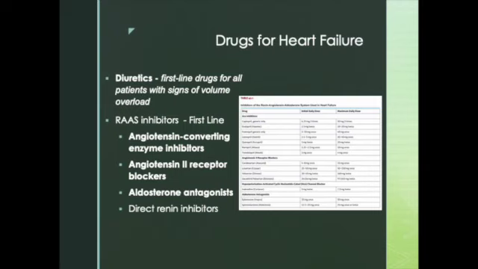But in recent trials, this drug didn't really improve the hospitalization of patients with heart failure. And so there are still more studies being conducted right now. Because of this, direct renin inhibitors aren't usually a first-line treatment. Tekturna is currently approved for hypertension only, but not yet for heart failure.